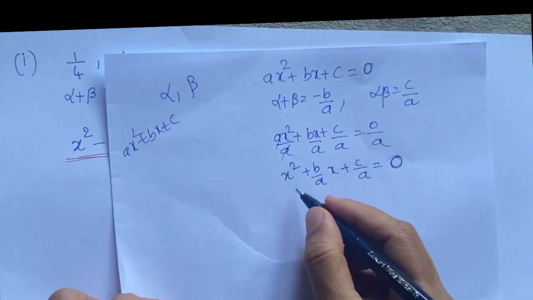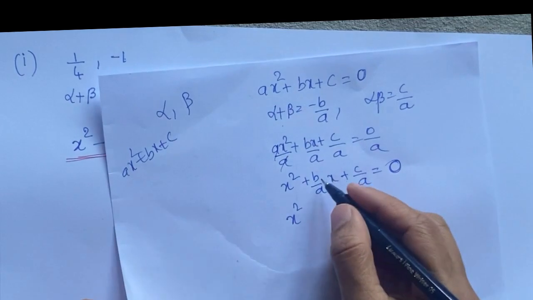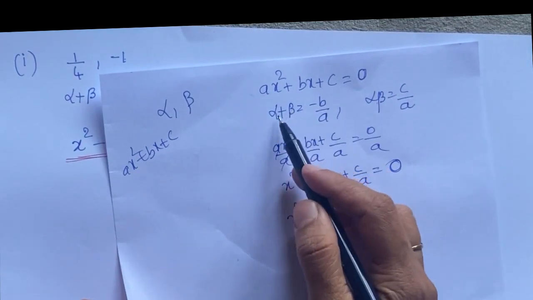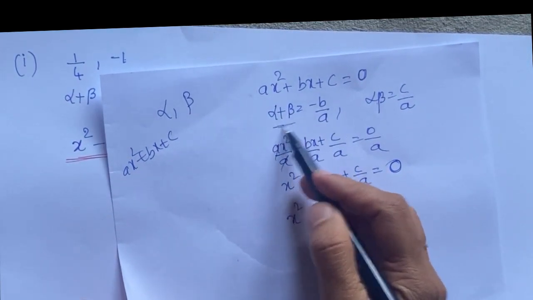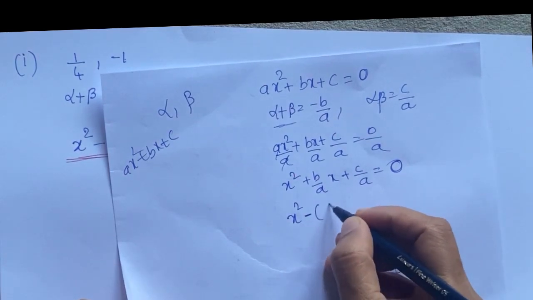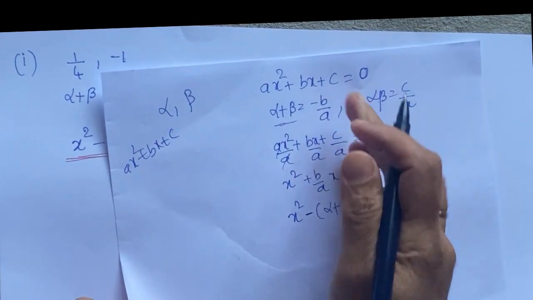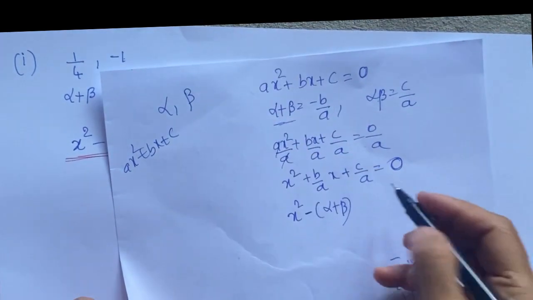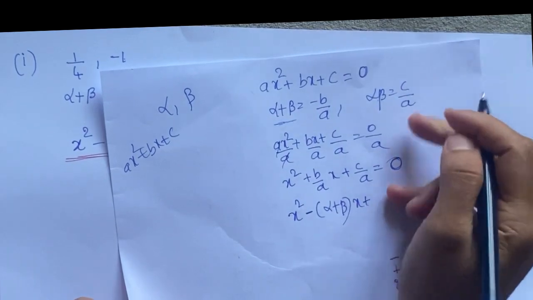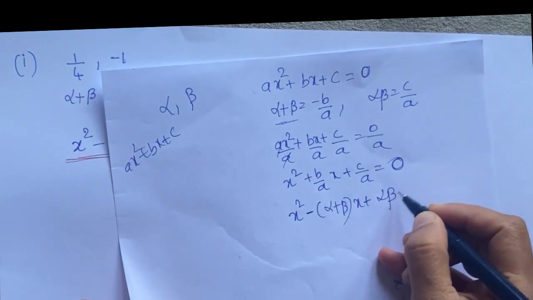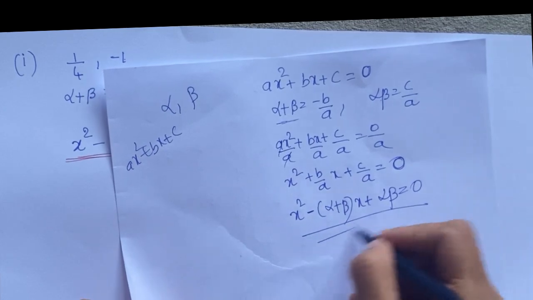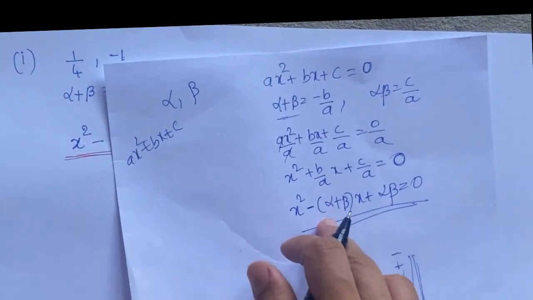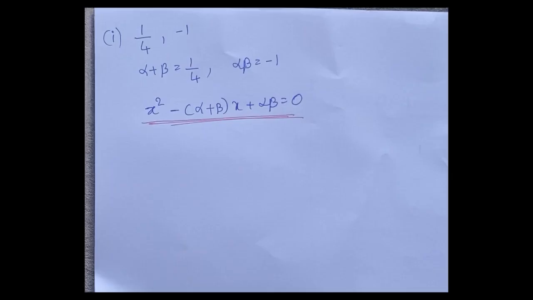Then I will substitute b by a as minus (alpha plus beta), and this minus will go here into x, and c by a as alpha beta. This one is equal to 0. This is the quadratic equation.